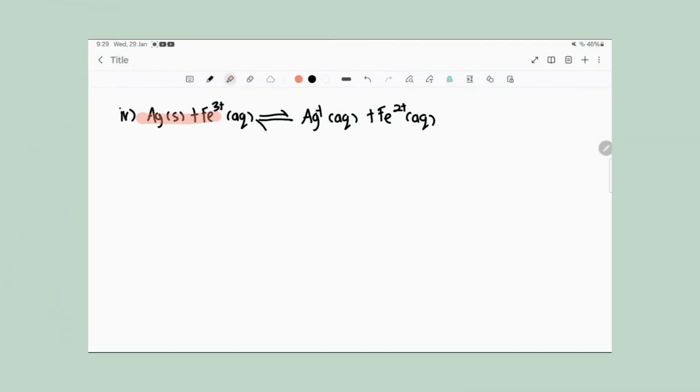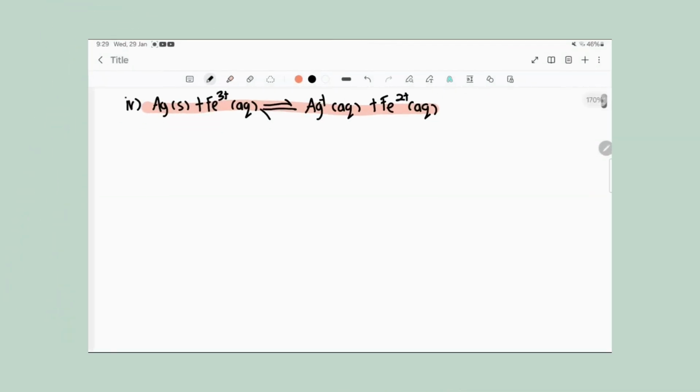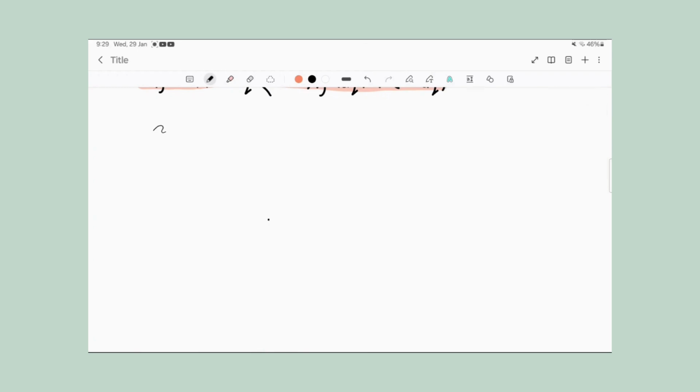Okay, lastly for question 4, which is Ag plus Fe3+ produce Ag+ plus Fe2+. Firstly, we write the half reactions involved from the equation.